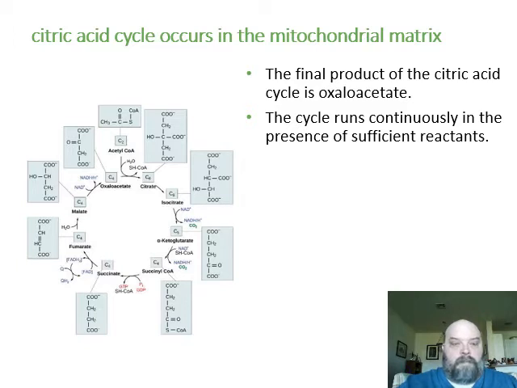Here's the thing though. The carbons that come in right here are not the ones that are going to be released right there. No. What happens is these 2 carbons that came in are going to have to spend some time going through this process. Those carbons, the first one to let go is right there.